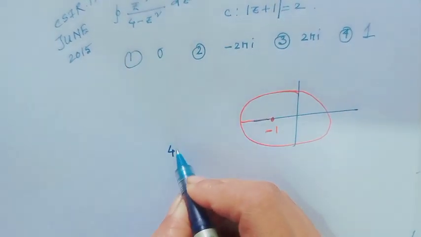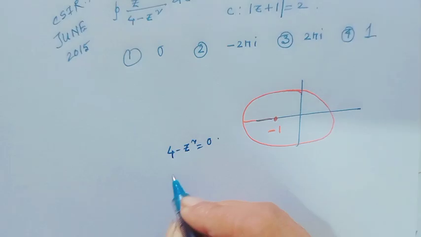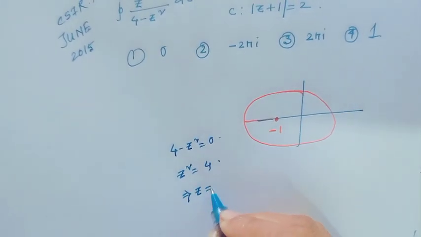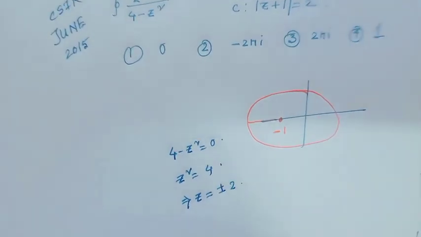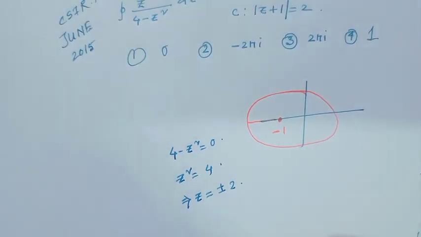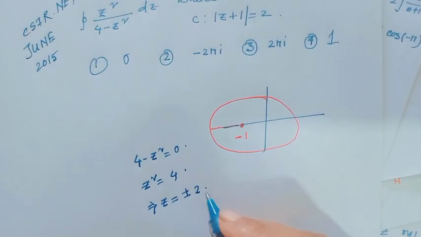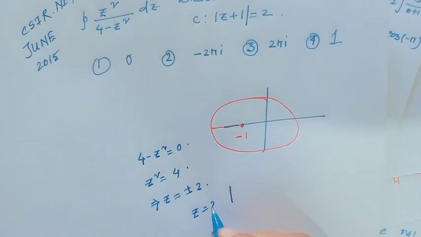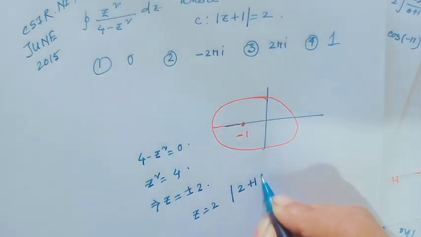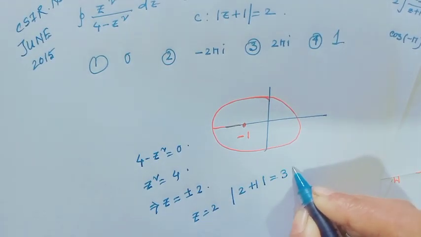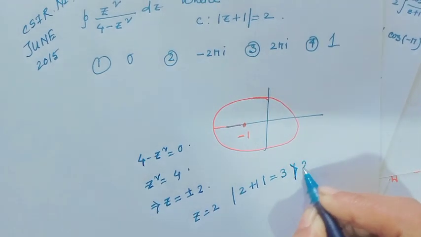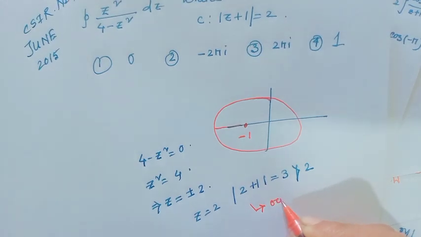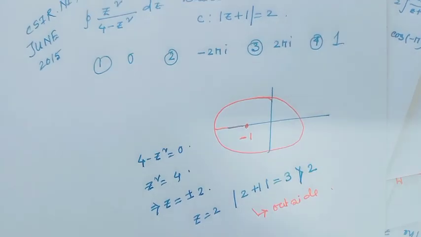The poles are where 4 minus z square equals 0, that means z square equals 4, that implies z equals plus or minus 2, and we check whether these points are inside the contour. At first, put the value z equals 2, then 2 plus 1 equals 3, which is greater than 2, that means this lies outside of the circle.